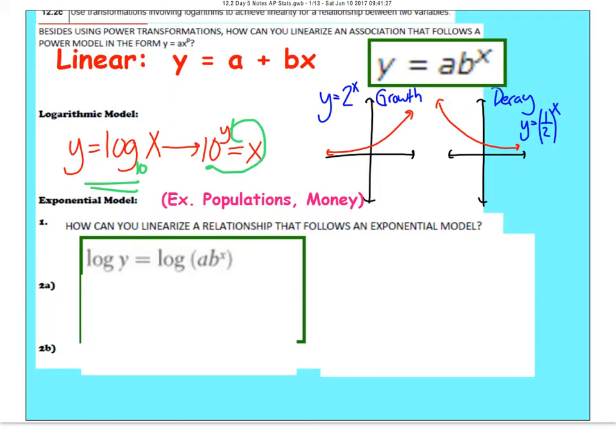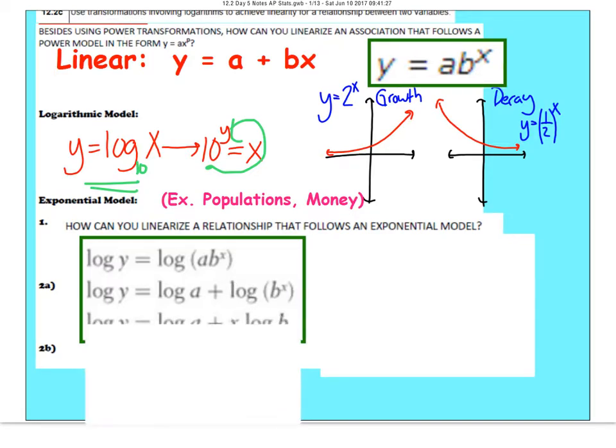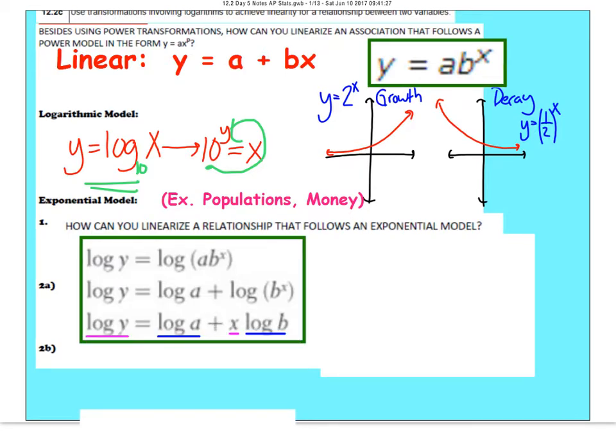Well, if we do that, we can use properties of logarithms and pull this apart through addition. So log of a plus the log of b to the x. But then also recall, exponents in log world can be brought forward. So technically, it can be transformed like this. Now, again, you don't necessarily have to understand this, but this is what you need to take away from it.